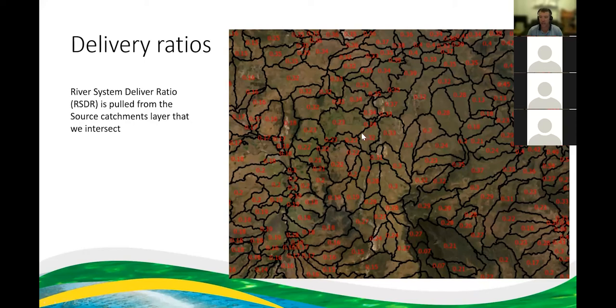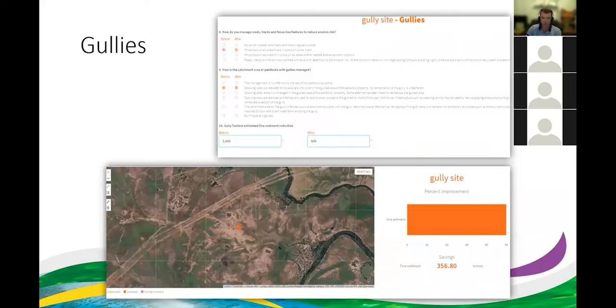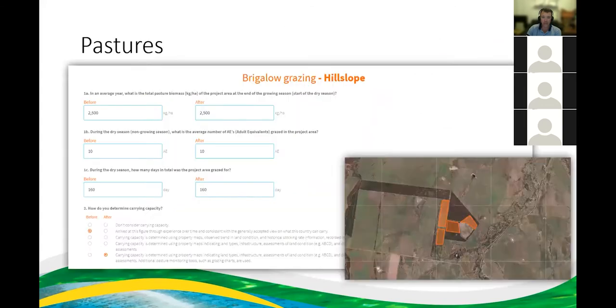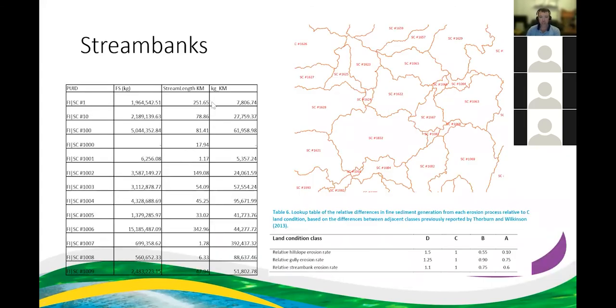What about stream bank? You haven't really covered stream bank sort of stuff, because I've run some figures there and I'm getting vastly different numbers to what I've actually modeled using LiDAR. So the stream bank stuff is based on the source catchment modeling. Yep. Okay, so it's going to be different to what you measure.